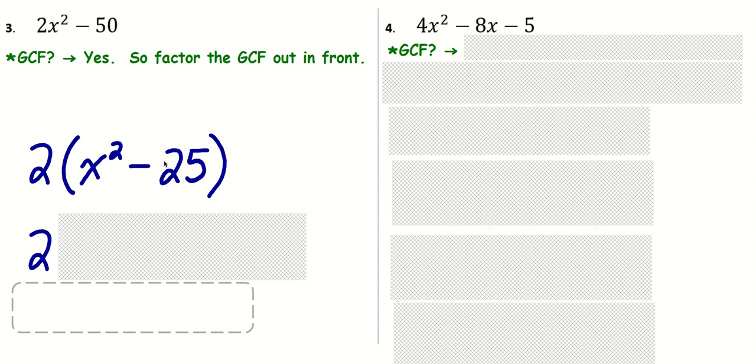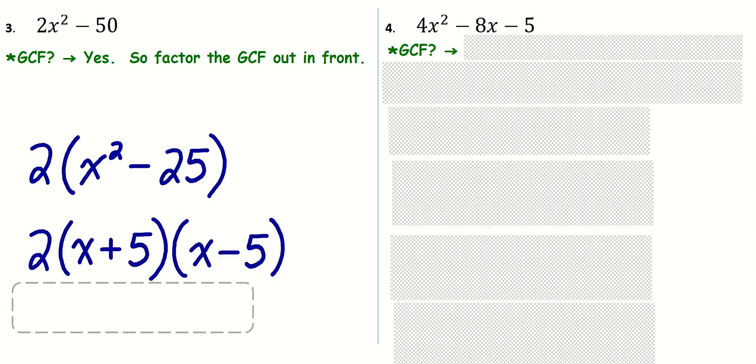Now remember, when you only have a binomial that you're trying to unfoil, it needs to be what we're calling in class a special case, a difference of 2 perfect squares. x squared is a perfect square, and what multiplies together by itself is x times itself. So that's what goes in to start the bubbles, the binomials. And then 25 is a perfect square, and the square root is 5. So that's what you always do.